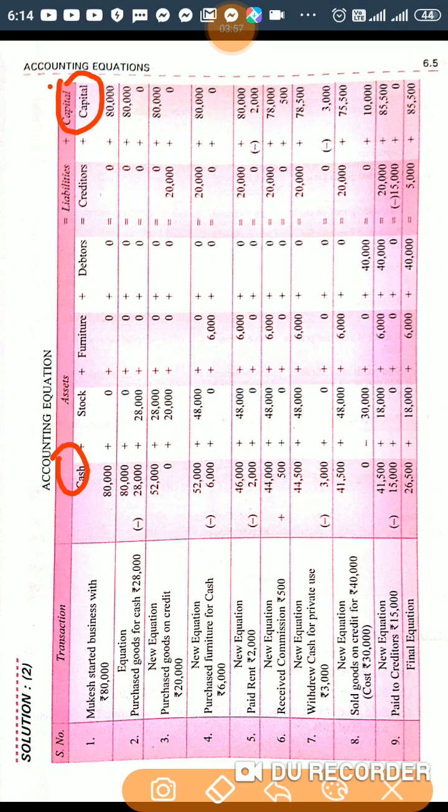So after reading the first transaction, you will write cash on the extreme left and capital on the extreme right of your page. Then you will read the second transaction in your question.